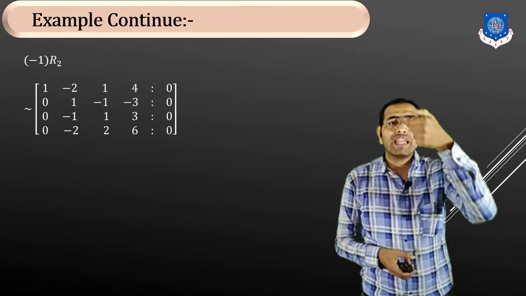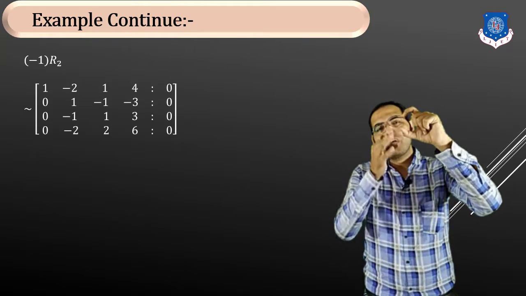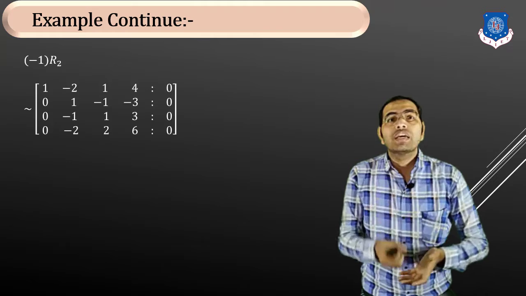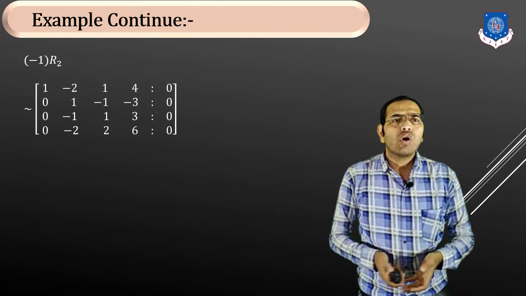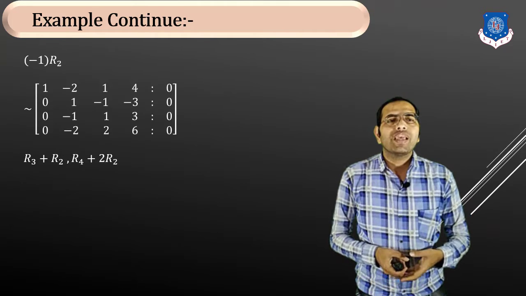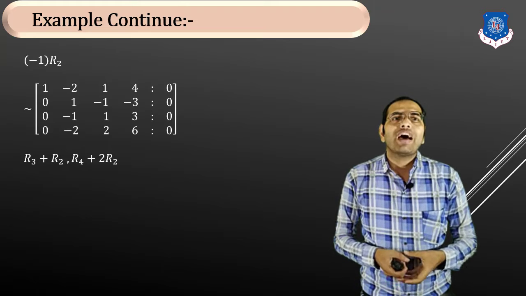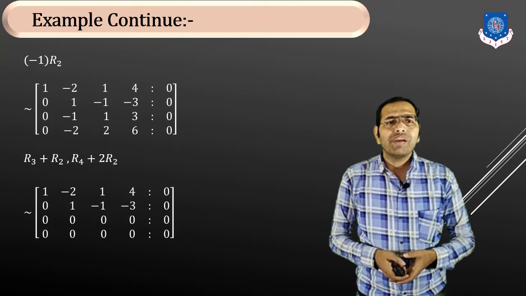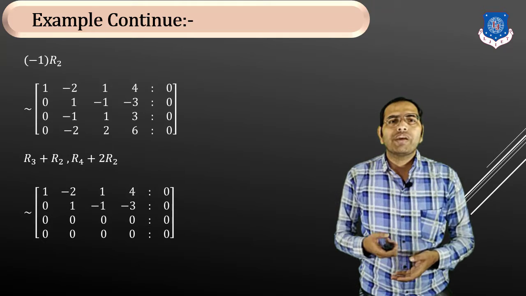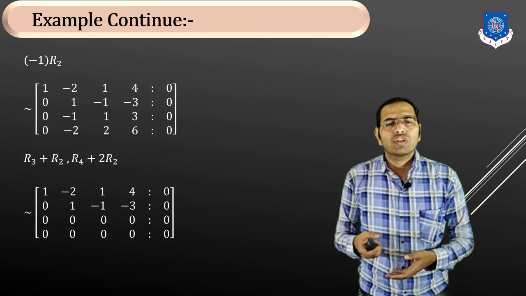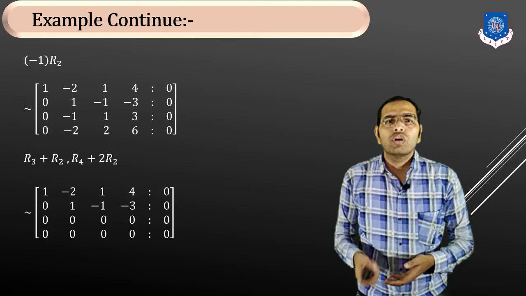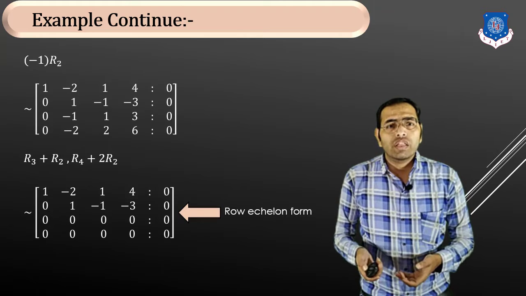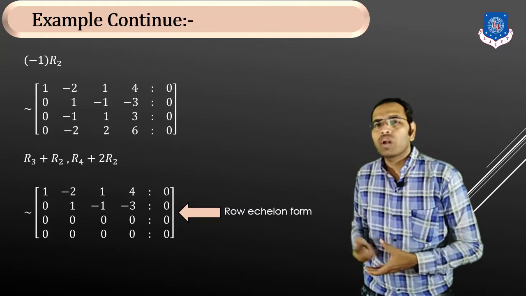And with the help of the second leading element, making the bottom entries 0 with the help of row operations. Here we can apply R3 plus R2 and R4 plus 2R2. That will give you 1 -2 1 4, 0 1 -1 -3, 0 0 0 0, 0 0 0 0. Now that is our row equivalent form.